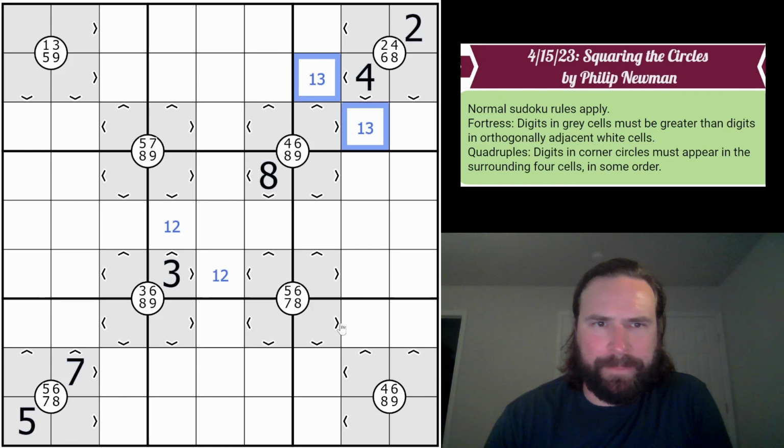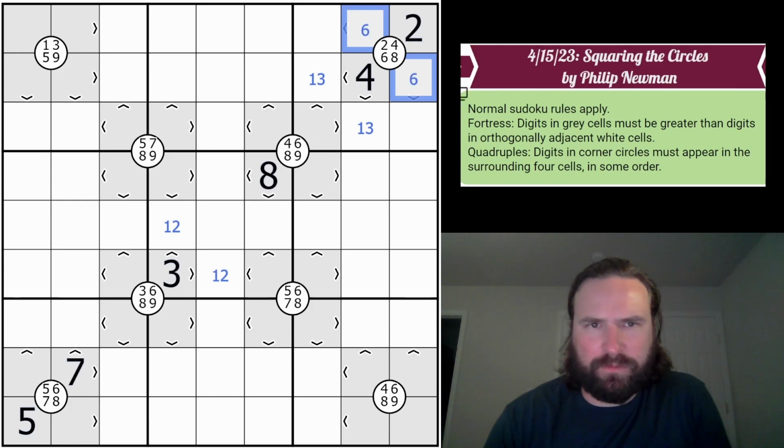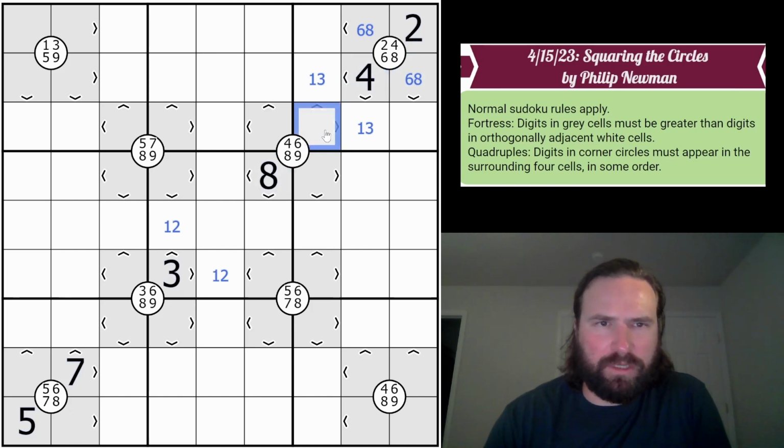Okay. Doesn't seem like we have a whole lot of other information here. There's going to have to be a 6 and an 8 in those two, so that's helpful. There's a 4, so this cell right here has to be one of these 4 numbers.